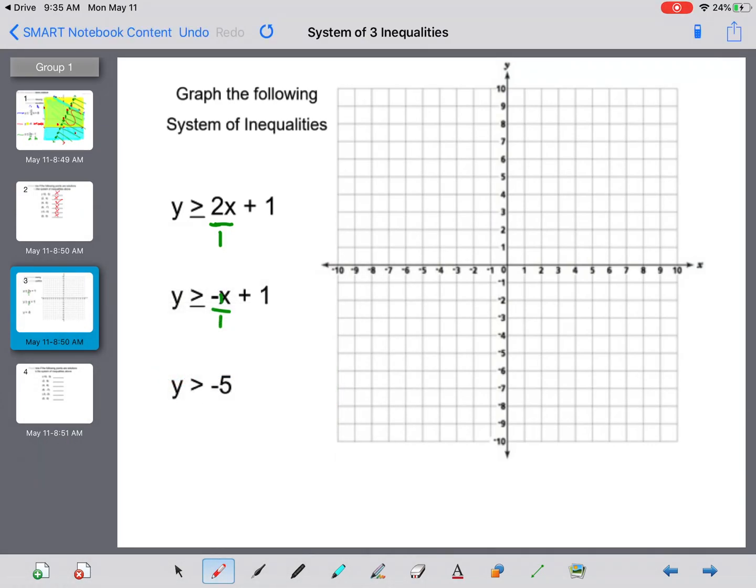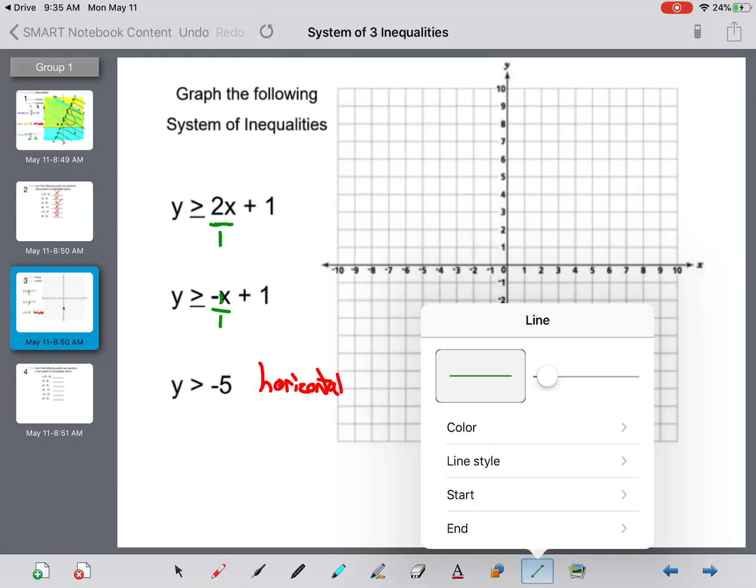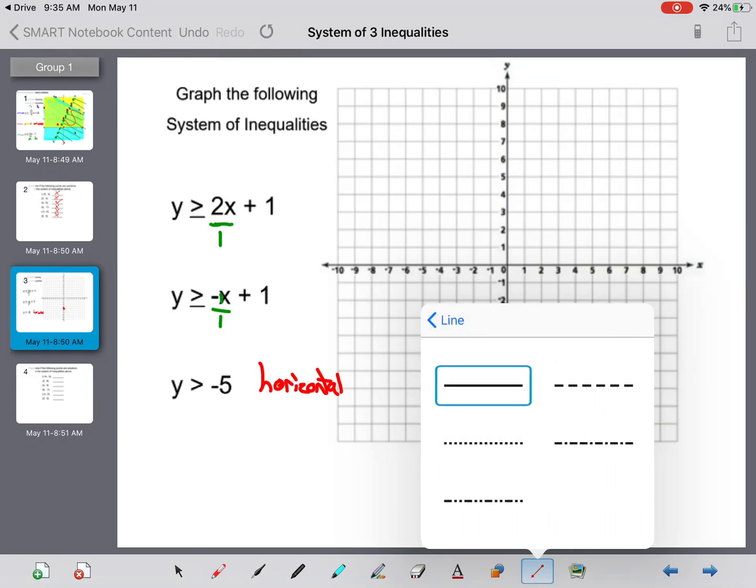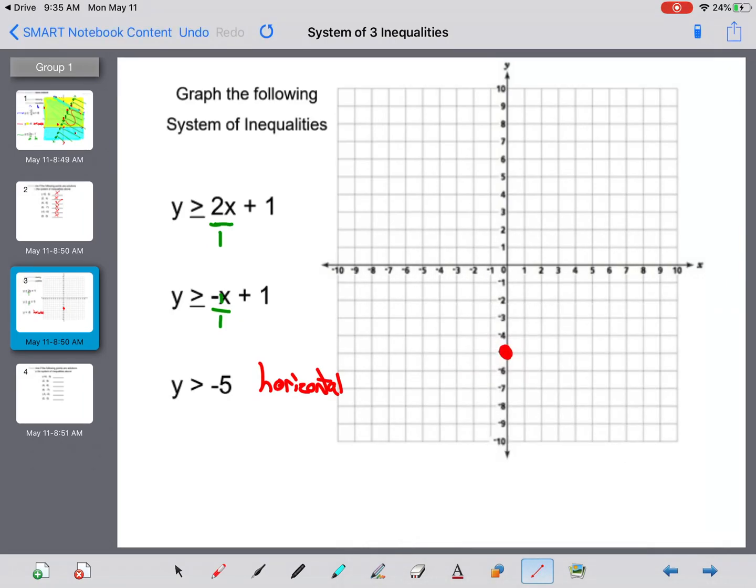And your y is greater than -5 line is going to be horizontal through the point -5 right here. So I'll give you that one. That is a dashed line through -5. Do not forget your shading, because that is key to determining the solutions. And look at that. I gave you the third inequality right there.